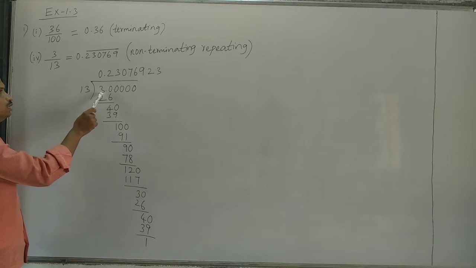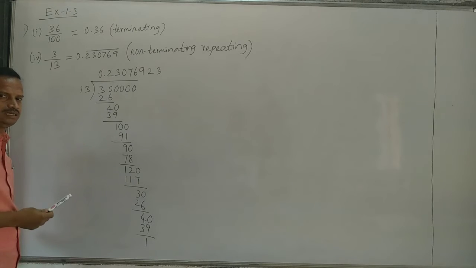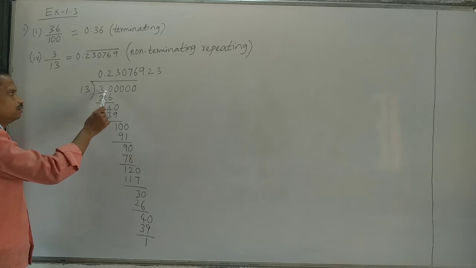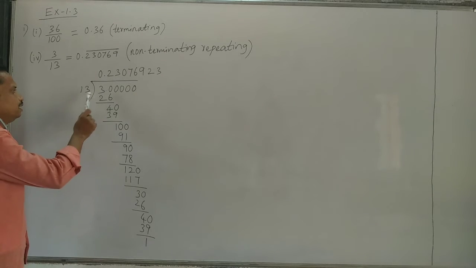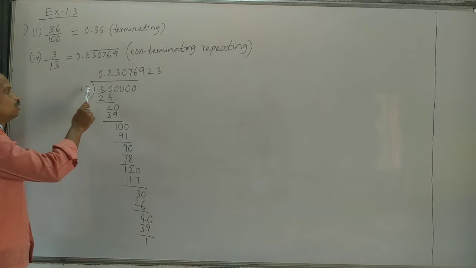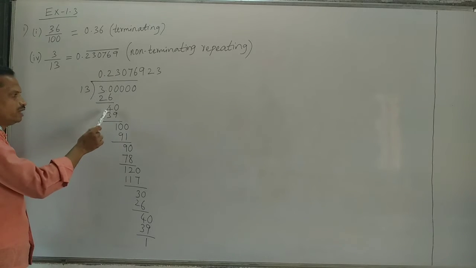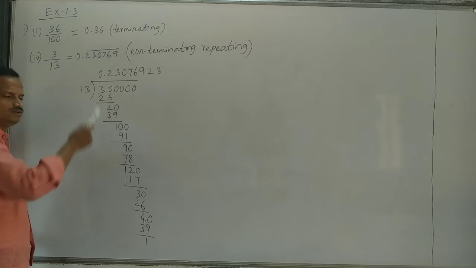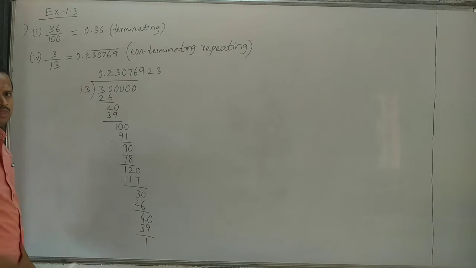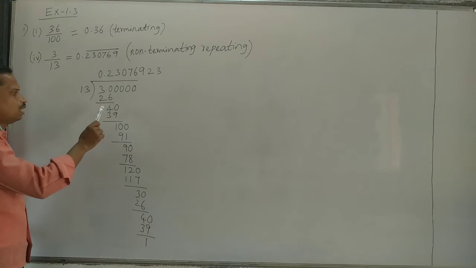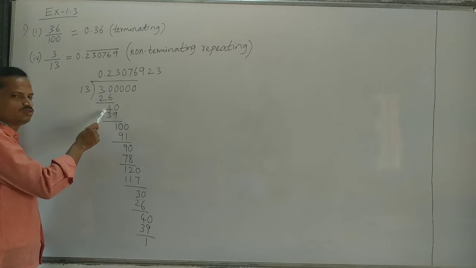First of all, 3 is not enough. So 30, the divisor is greater. So you put 0 point and then you add 1 zero, that becomes 30. And in 30, 2 13s are there. 13 2s are 26 and the remainder is 4. This division you already know, but to get the decimal value, you have to do this. After getting the remainder 4, you take 0 and now it becomes 40.